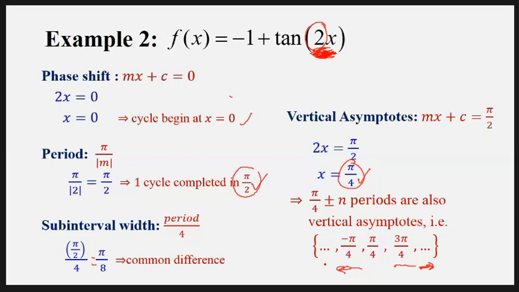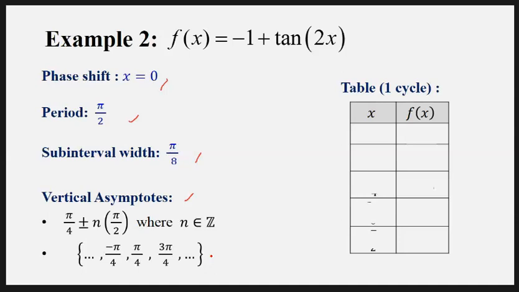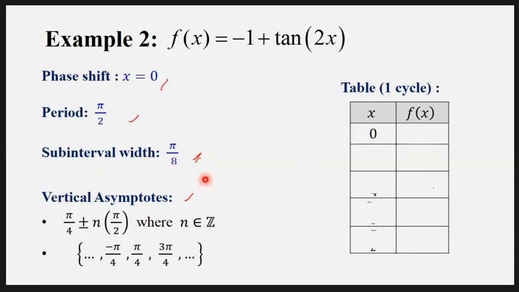Next, now we go on with the construction of the table. Based on the information that we have just now for the phase shift, period, sub-interval width, as well as the vertical asymptote, now we can construct the table for one cycle of the graph. My table begins with the x value of 0 from the phase shift, and then the next value we add on the sub-interval width, which gives me pi over 8.